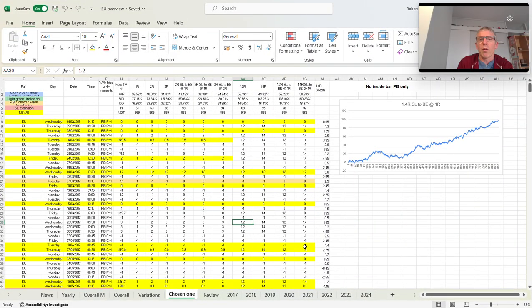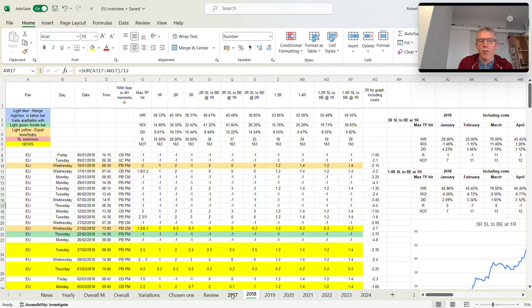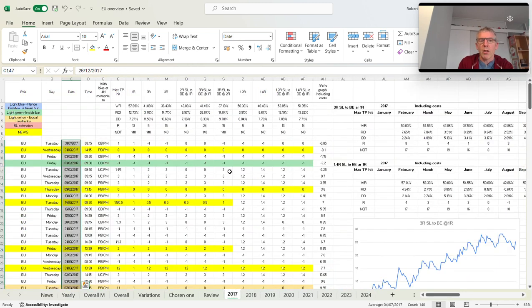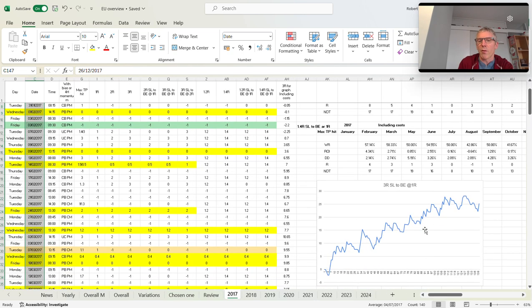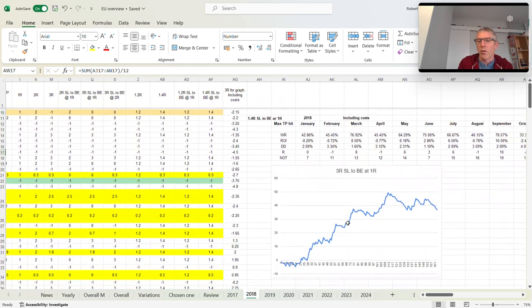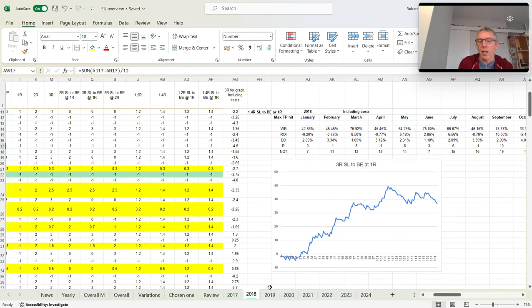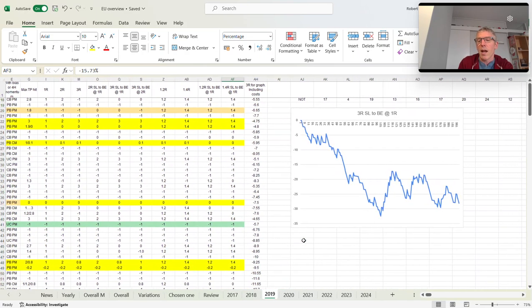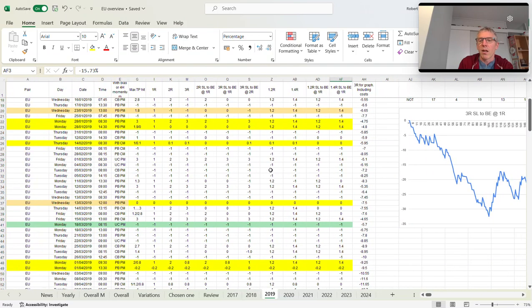But once I've done each year, I then record it into another spreadsheet. So I just take the full year's data, pop it in a spreadsheet, put a little graph up of my results. So that's 2017, which is lovely. 2018, which is lovely. 2019, absolutely ghastly.